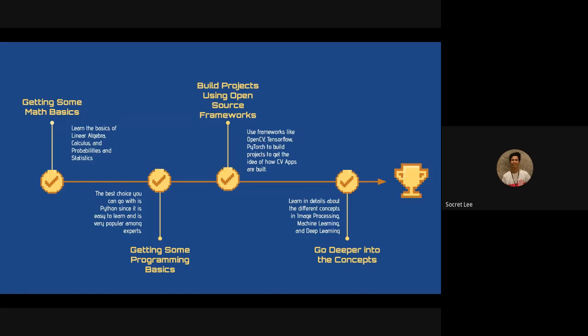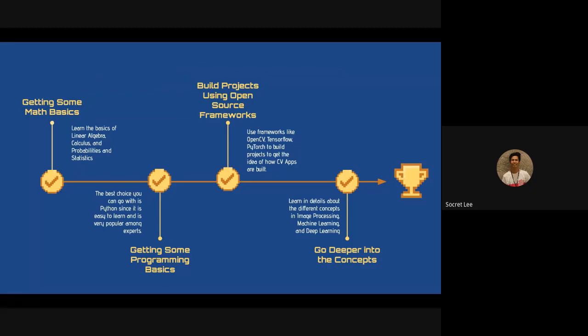After you've got the math basics down, the next step that you can take is to get some basic programming down. If you haven't had any programming skills before, you should start with Python because it has a very easy learning curve, and it is also widely used in the computer vision community.